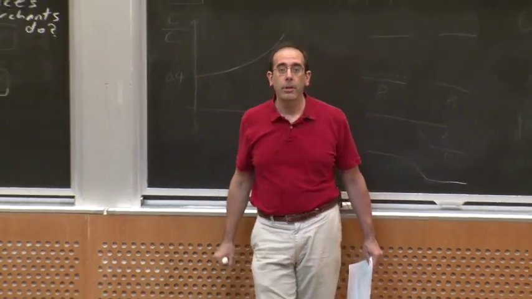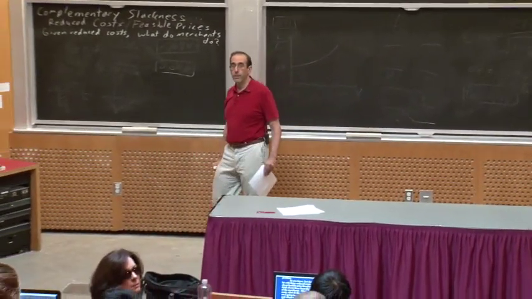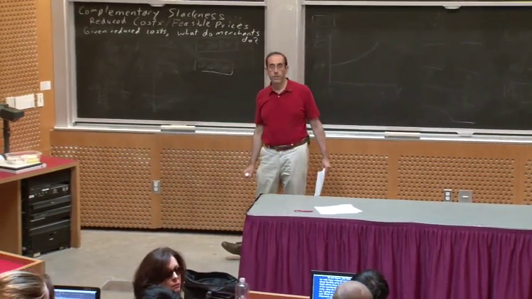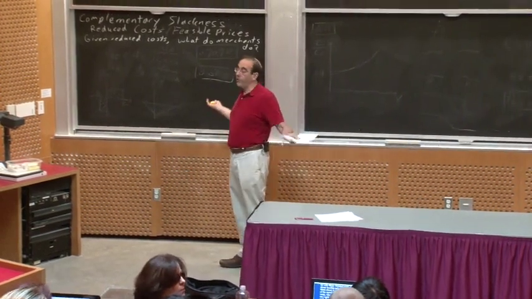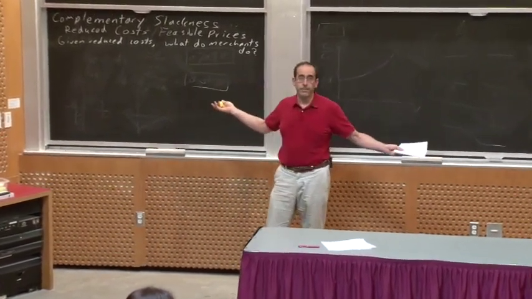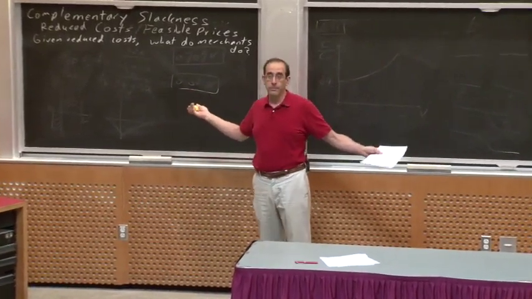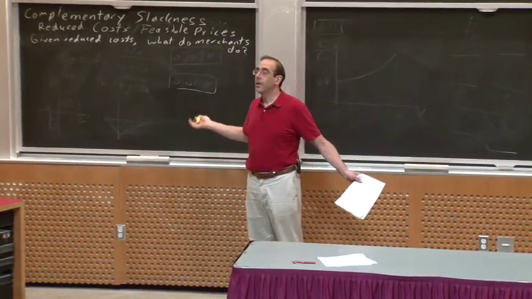Yeah. See shipments where the buying cost plus the shipping cost is less than the selling cost. Right. And what does that mean in terms of reduced cost? Reduced cost is negative? Right.